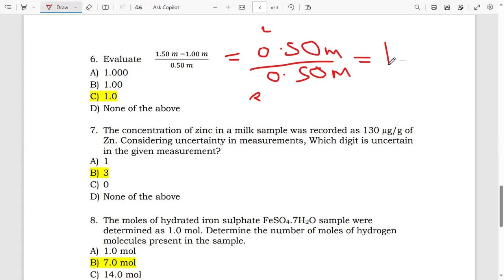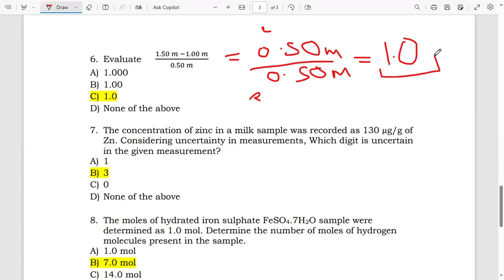But if you represent 1 like that, it will mean that you only have 1 significant figure. But from the numbers that we had, our answer should have 2 significant figures. So how do you make 1 have 2 significant figures? Just say 0.10. So this is still 1, but with 2 significant figures.